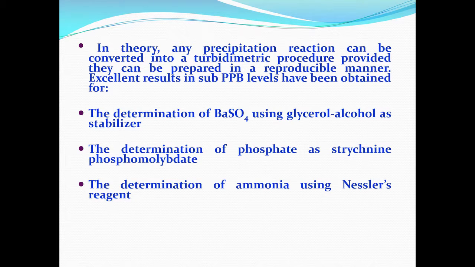This is also a very good method for the adoption of turbidimetry in spectrophotometry. These are some of the examples which will give you sub ppb levels, that is less than microgram per ml.